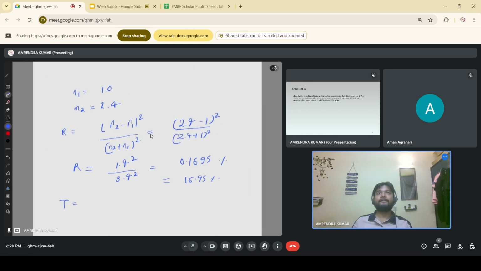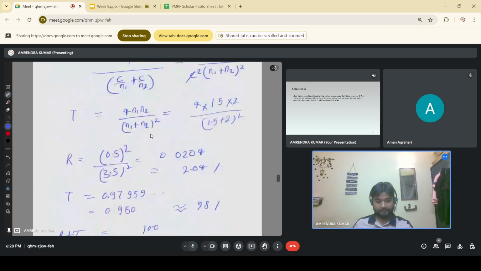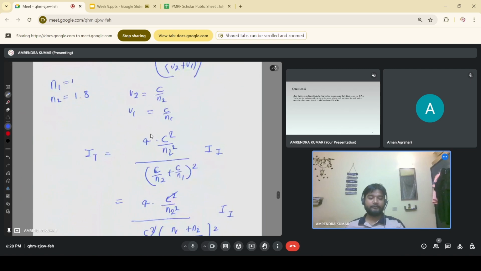in terms of refractive index, what was the formula? We can go back and check. So transmittance was 4 n1 n2 over n1 plus n2 whole square.